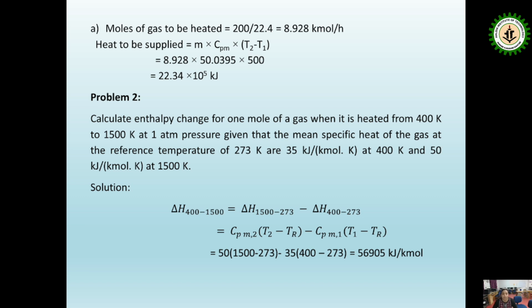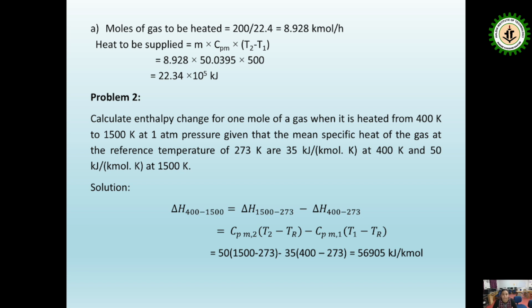So it is obtained by calculating delta H 1500 to 273 Kelvin and subtracting delta H 400 to 273 Kelvin.